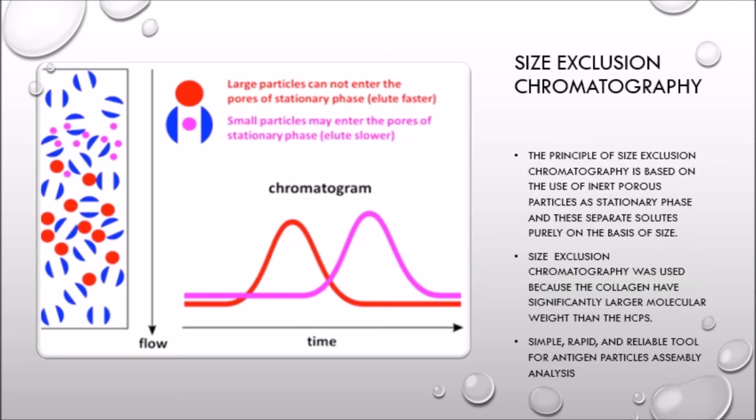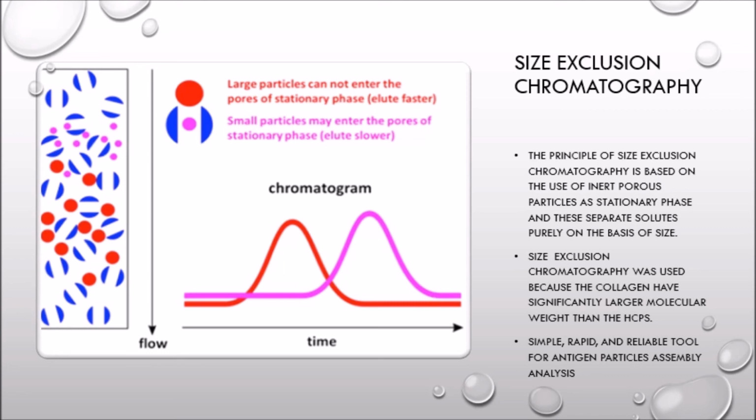Size exclusion chromatography was conducted in order to elute the collagen from the host cell proteins. The principle of size exclusion chromatography is based on the use of inert porous particles as the stationary phase, and this separates solutes purely on the basis of size.